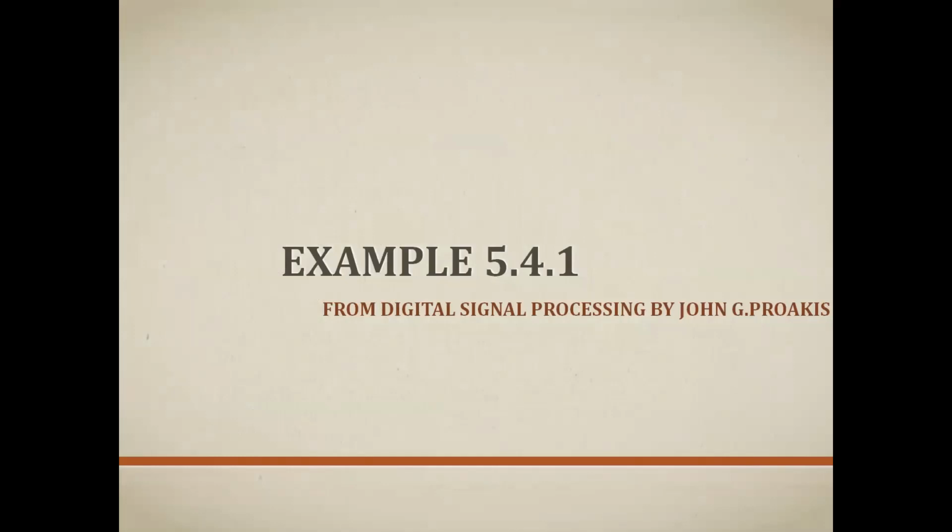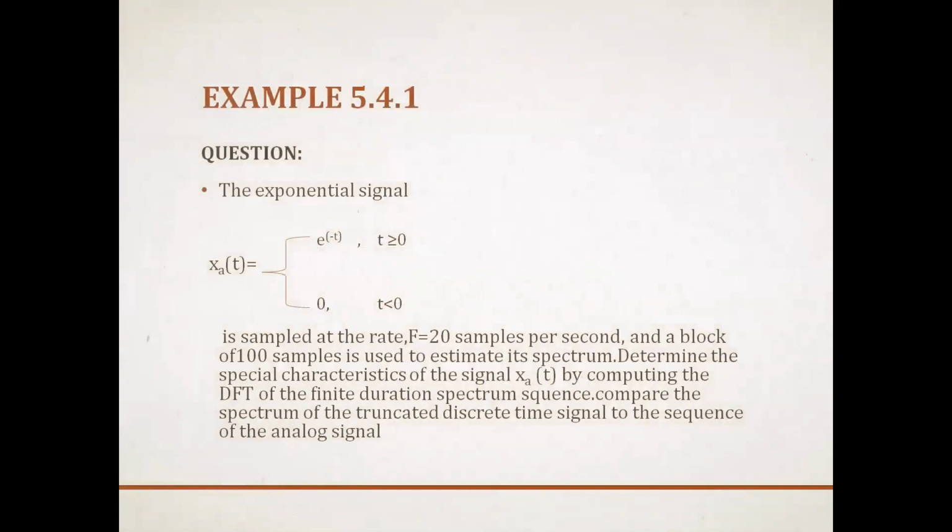In this video, we will solve example 5.4.1 in the book Digital Signal Processing by John G. Proakis. The given question is: the exponential signal xa(t) is defined as e^(-t) when t is greater than or equal to 0, and 0 when t is less than 0.